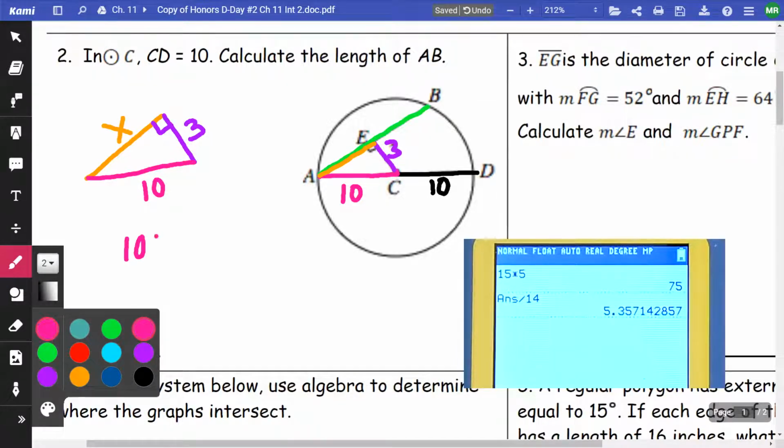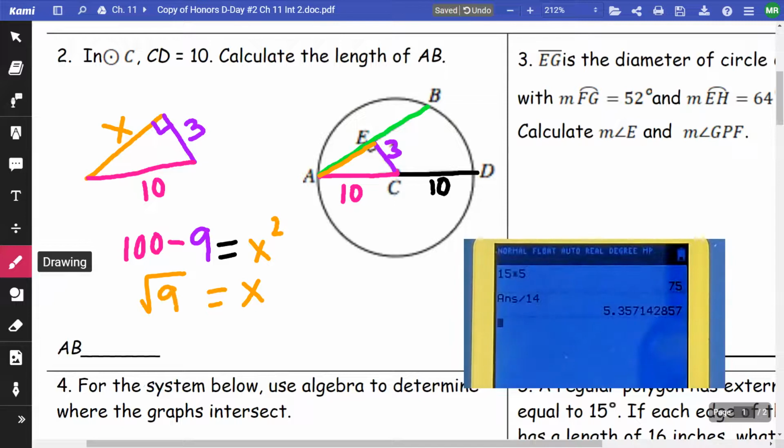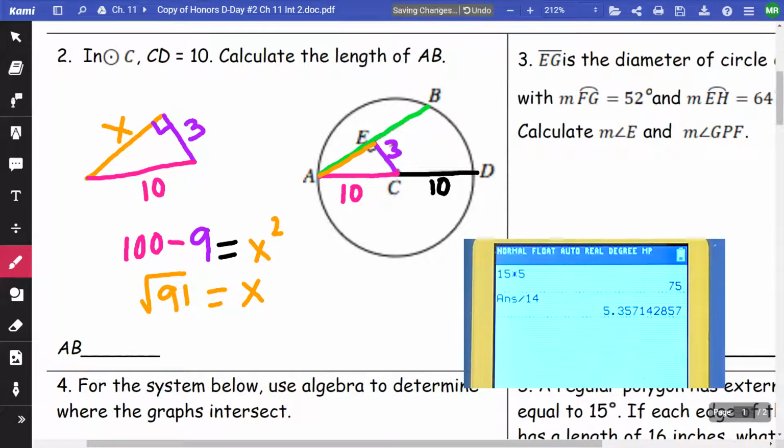So I'm going to have basically 100 minus 9 is going to equal X squared. So my X is going to equal the square root of 91. Okay, and I'm just going to keep it like that.